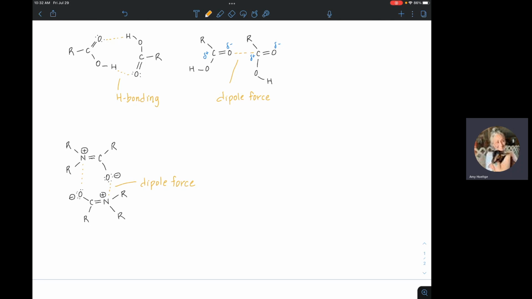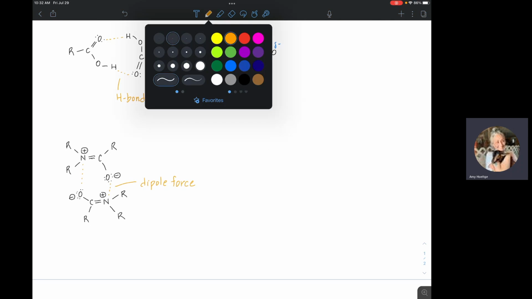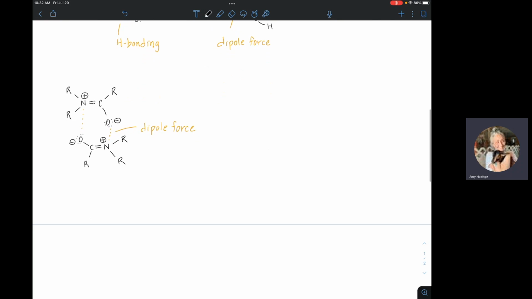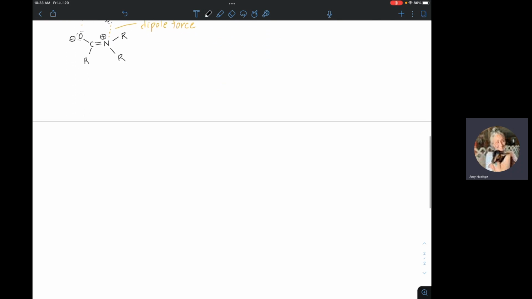When we get into the reactivity of these compounds, some of these resonance structures are going to come into play in describing why amides are less reactive than carboxylic acids, and why acyl chlorides are the most reactive of all the carboxylic acid derivatives. So we're going to come back to these structures and properties. So how do carboxylic acids and their derivatives react? Let's have a separate category for that.